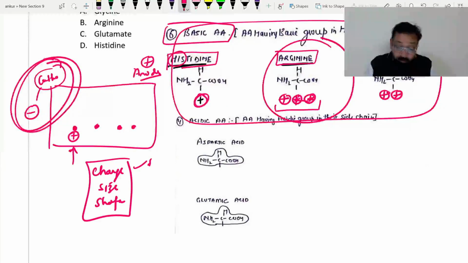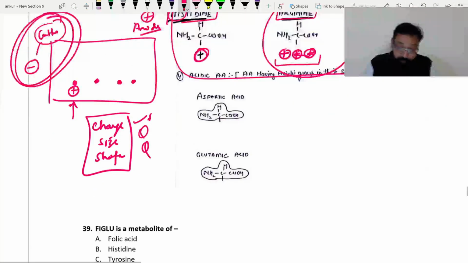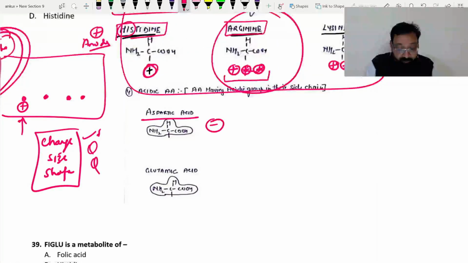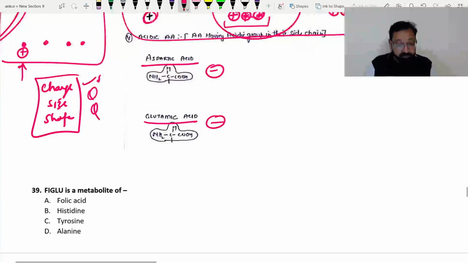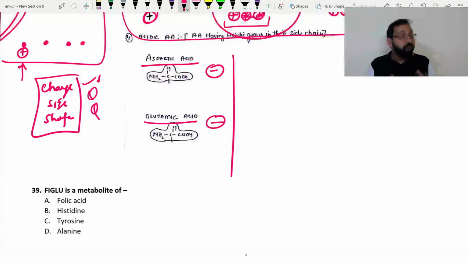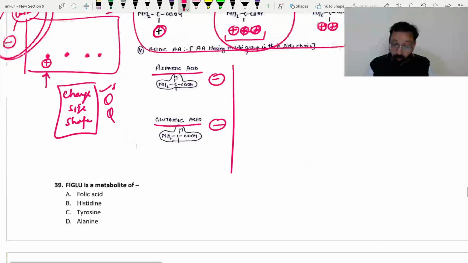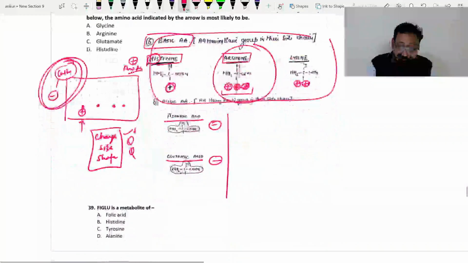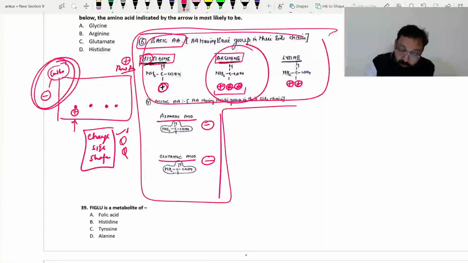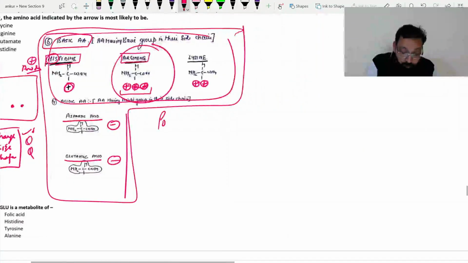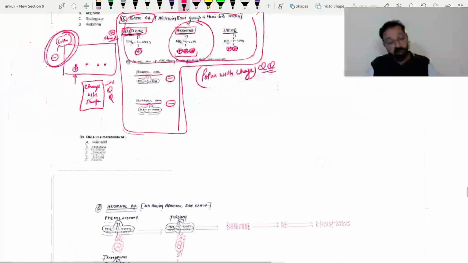You will remember this. Aspartic acid has a negative charge and glutamic acid has a negative charge, so they will move fastest towards the anode. So these are the five amino acids that are polar with charge. Point it out.